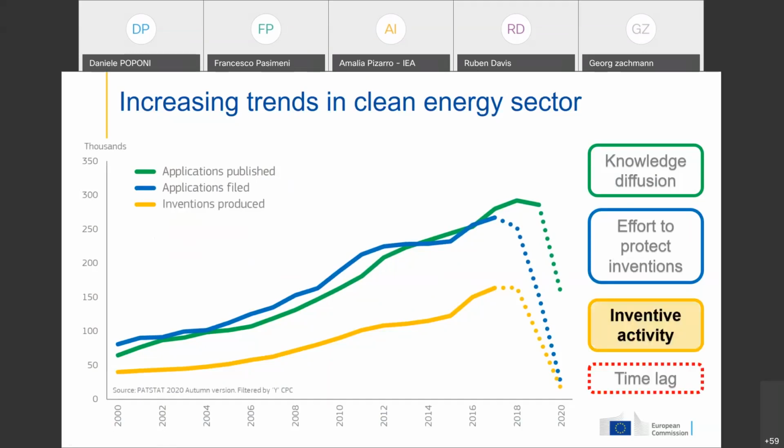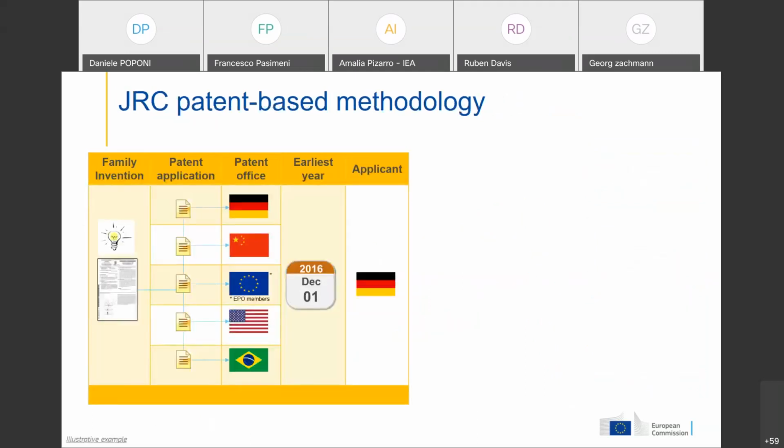At the JRC, we analyze the inventive activity, also because, as was just said before, this gives an important insight to estimate private R&D, which is another line of research in our portfolio. To summarize our patent-based methodology, we consider the patent family as a proxy of invention. We consider all the applications filed in all patent offices without any filters.